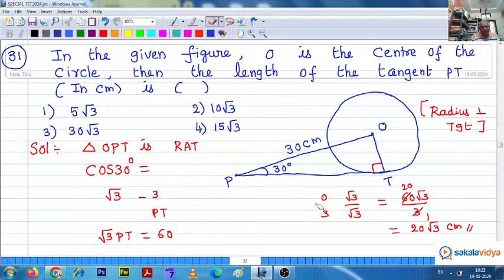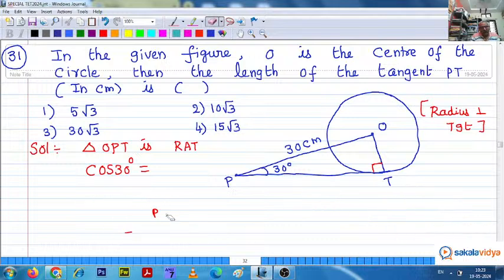Wait. Right, one minute. So this OP is the hypotenuse, because it is opposite to the right angle. So cos 30 means the adjacent side, PT, by OP.